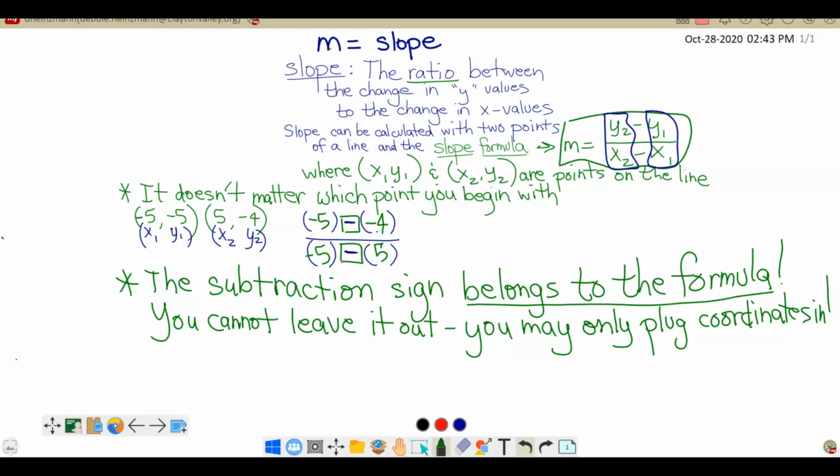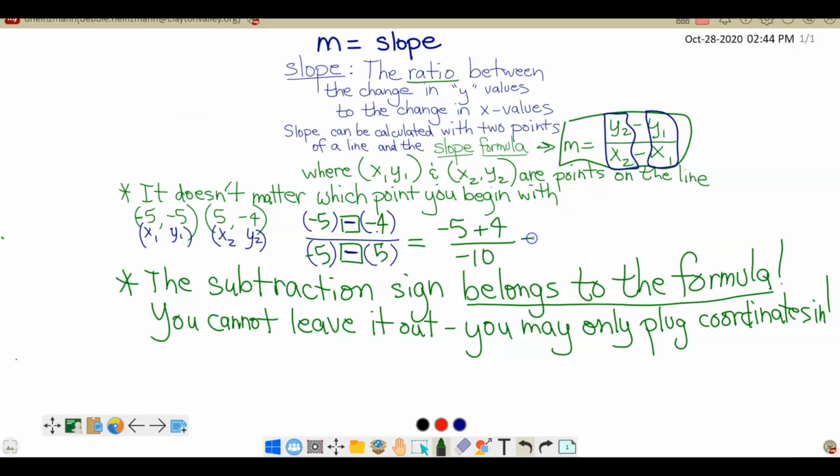See, I have plugged in a -4. I already have a negative. So when I begin simplifying this, I've got -5 minus a -4, which is actually going to become a +4. And over here, I've just got -5 minus 5, which is -10.